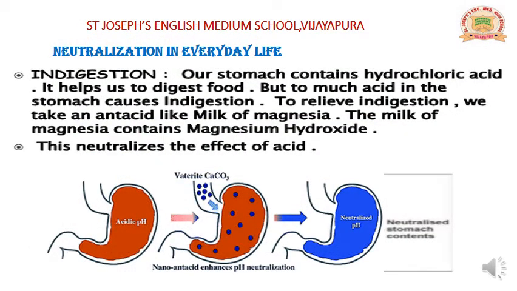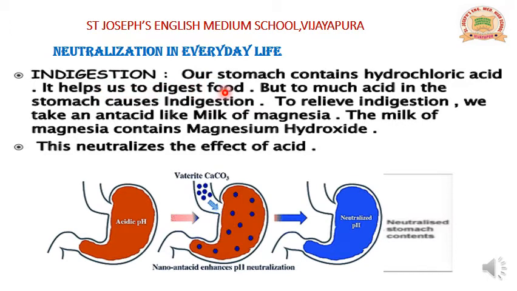Neutralization in our everyday life. Let us see. First, indigestion. Indigestion takes place because of more acid in our stomach, right? Our stomach contains hydrochloric acid. Already we know that because it helps us to digest the food.